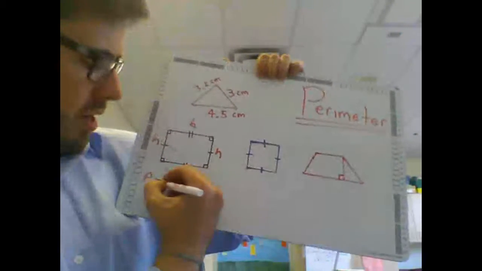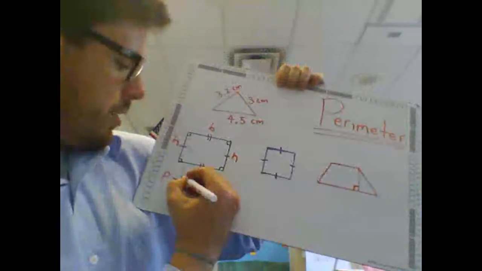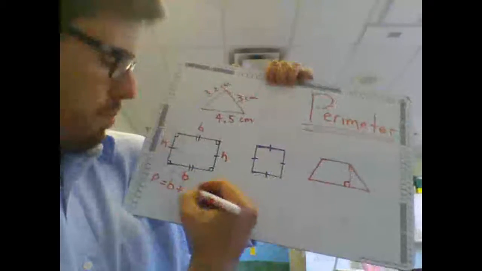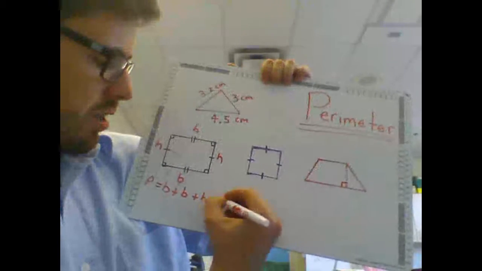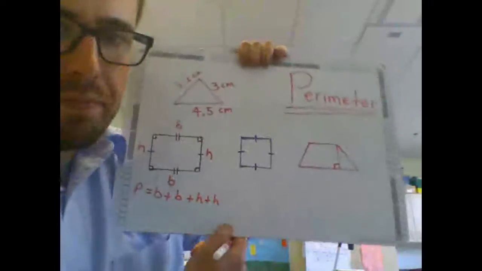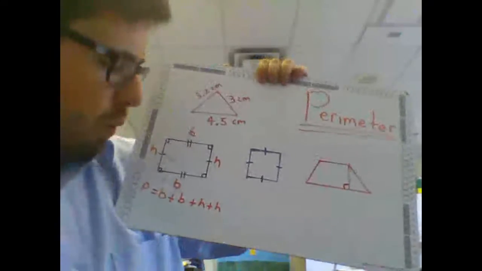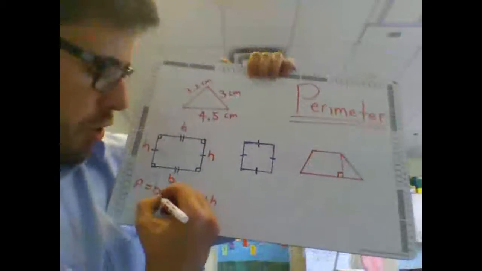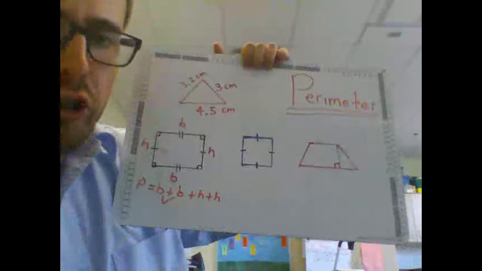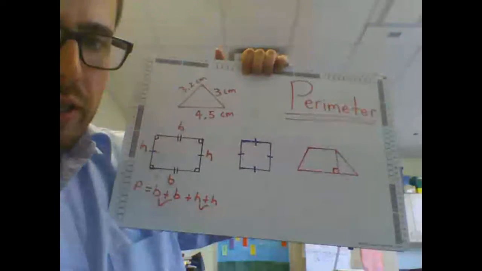So let me write that. Our perimeter, and I'll use P to represent perimeter, is our base plus our base plus our height plus our height. Okay? That's one way that we could show it. But as we've talked about before in algebra, you'll notice that we have two B's and we also have two H's.